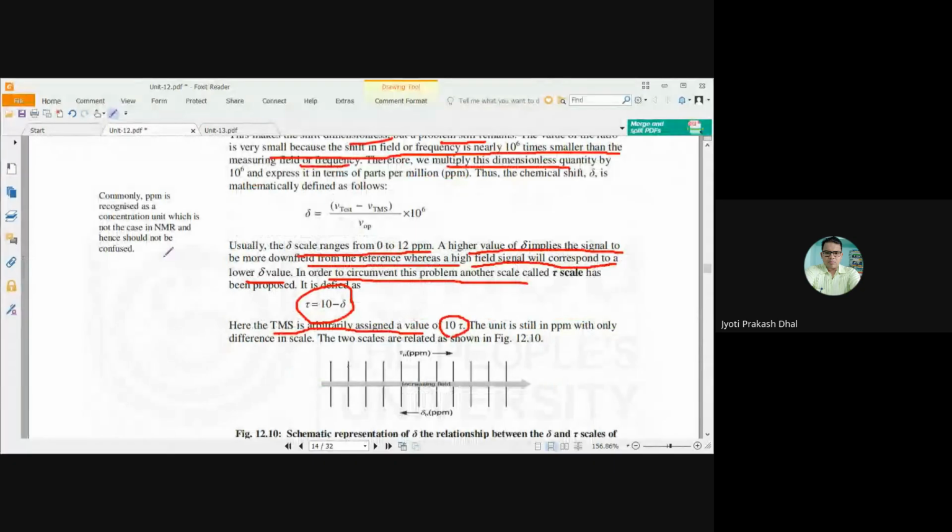If we use delta, the value for TMS is 0, and if we use the tau scale, the value for TMS is 10 tau. The unit is still ppm, with only a difference in scale. So here this is the delta scale, delta in ppm, and this is tau in ppm. This is the increasing order of tau, and this is the decreasing order of delta.